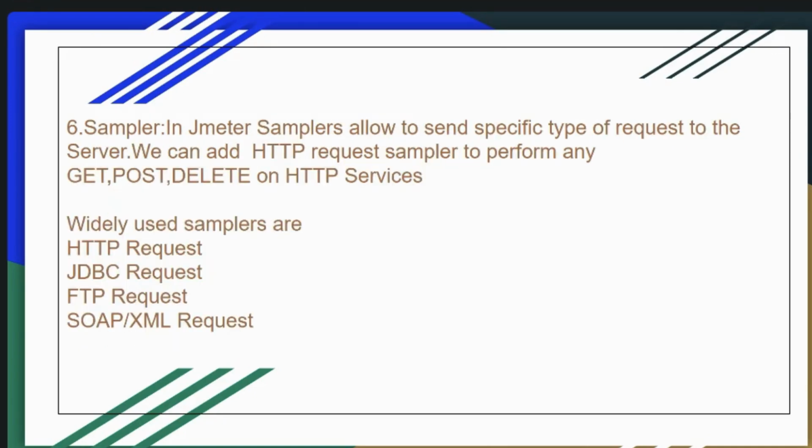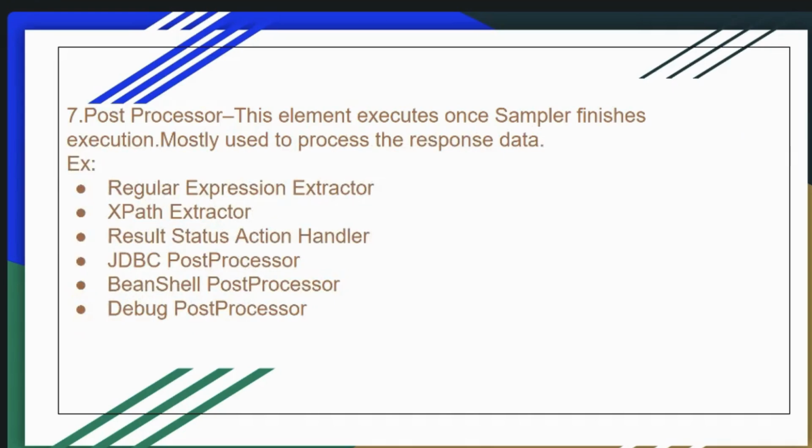Then samplers are nothing but the requests we need to provide to JMeter to perform the action. With these samplers, we can handle get requests, post requests, and delete requests on different HTTP services or API requests. Then the post processor, which will execute after the completion of the sampler execution.